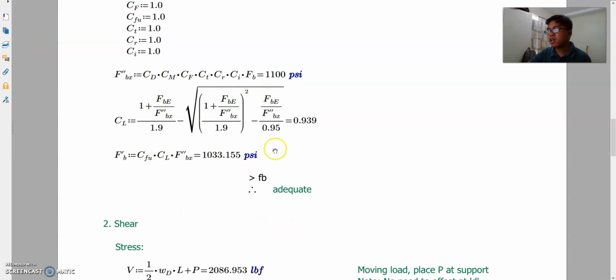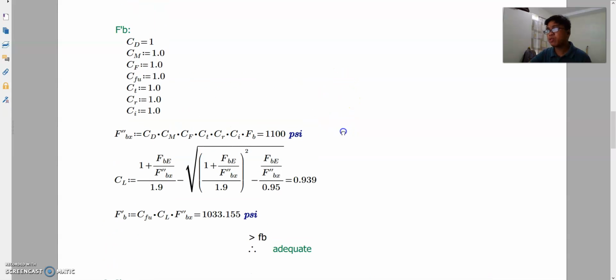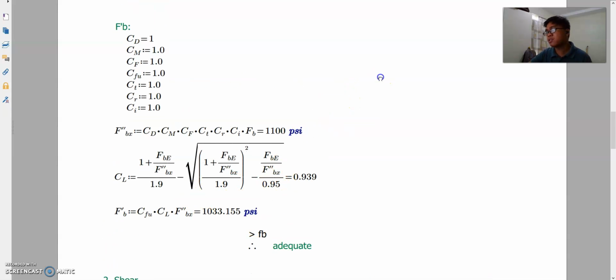And then computing for CL, we have 0.939. And since Fb star is already all of the adjustment factors except CFU and CL, we can compute for Fb prime by multiplying Fb star by, well, CFU and CL, which would be 1033 PSI. Now we compare that with the stress. This is the adjusted design value.